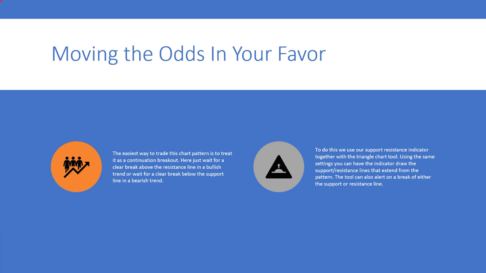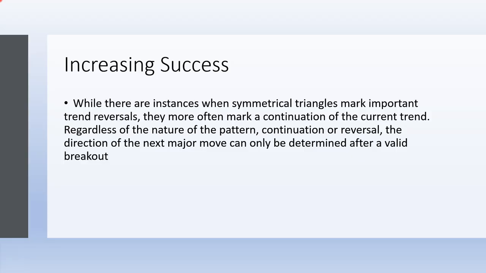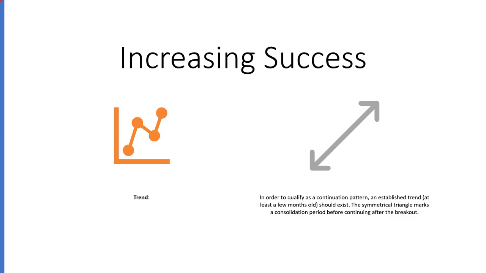The easiest way to trade this chart pattern is to treat it as a continuation breakout if you want. While there are instances when symmetrical triangles mark important trend reversals, they more often mark a continuation of the current trend. Regardless of the nature of the pattern, continuation or reversal, the direction of the next move can only be determined after a valid breakout.